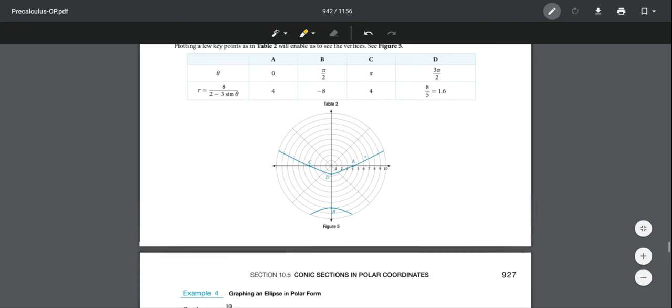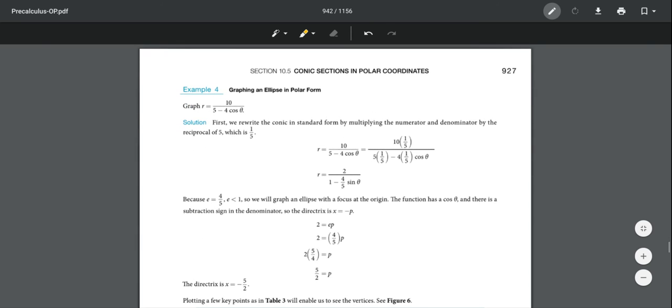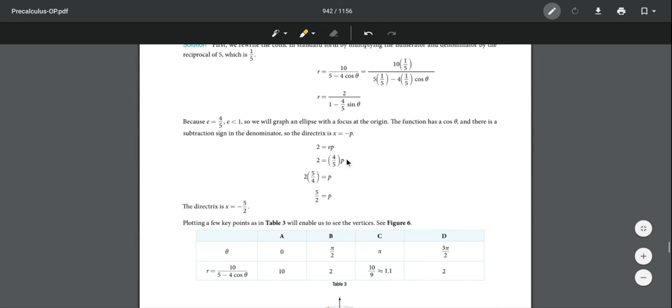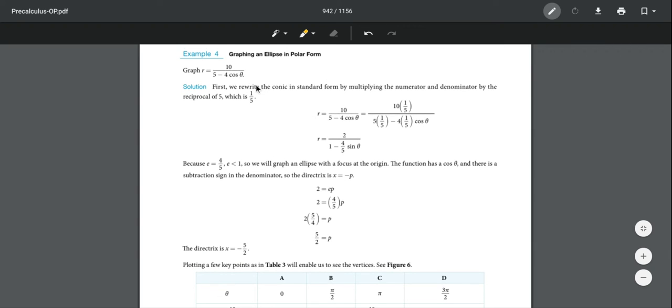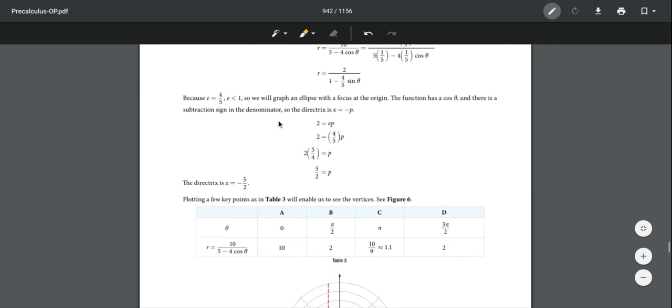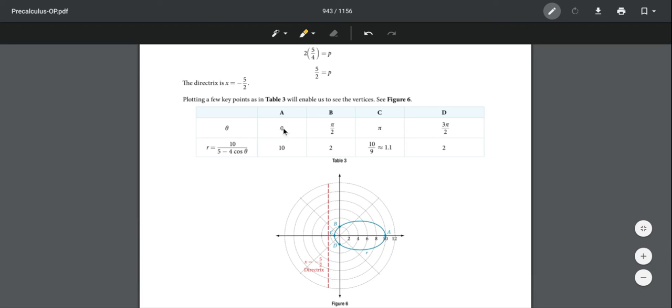So let's look at the same thing in an ellipse. Again, this is negative and it's cosine. I don't know why this keeps switching. That is so weird. It's cosine, so it's going to be longer in the x direction, which means that our 0 and our pi are going to be our vertices, because, again, one of the foci is at the origin.